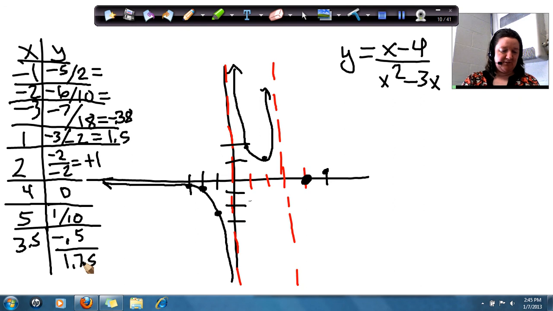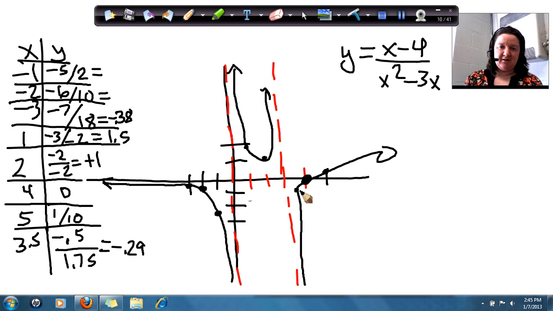So if I take negative 0.5 divided by 1.75, I'm going to get a negative 0.29. So that's happening down here. So this looks like something is going to go like this. So now we have our graph for number 18.